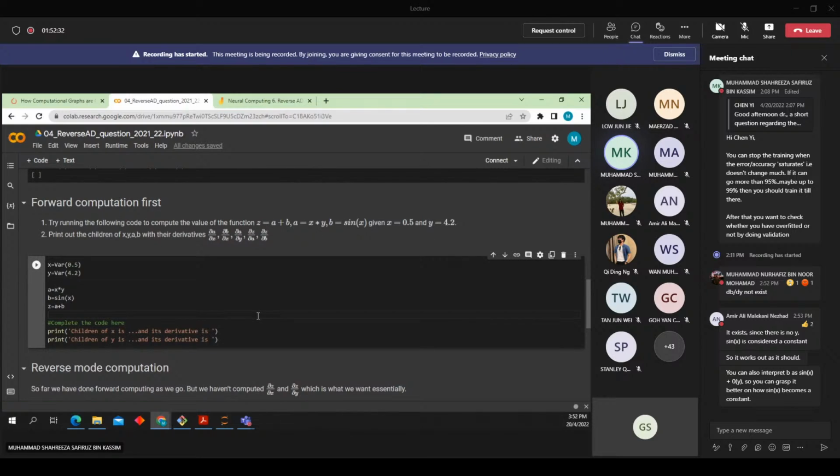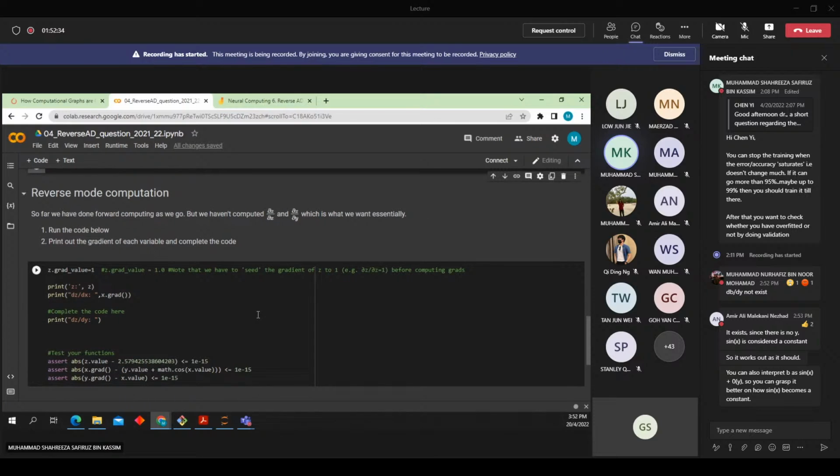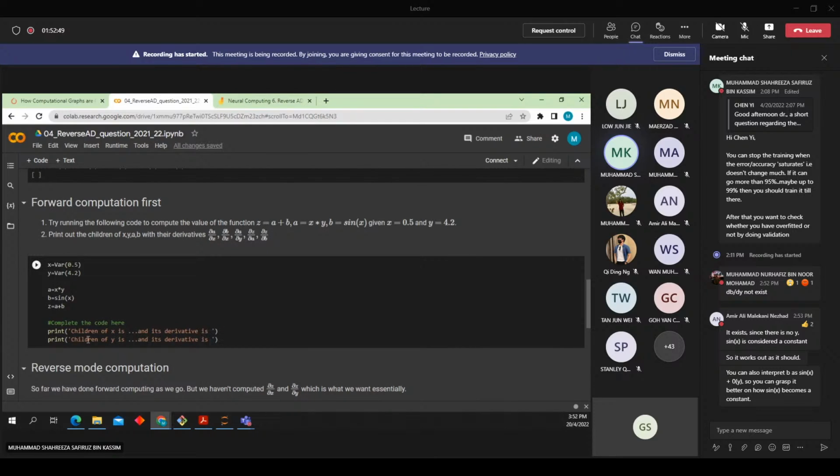And then we'll have a look at how the children are stored, what the gradients are, and when you see the values, what happens to the gradient, or the local gradients, or the computed backward pass, right? When you do the forward computation, you also compute the local gradients in a way.